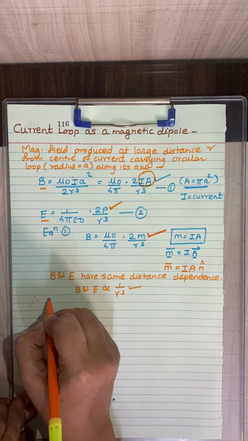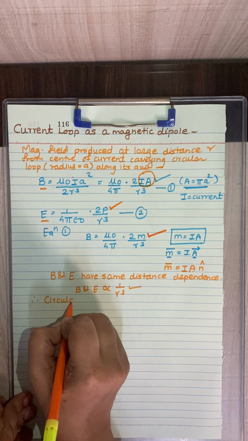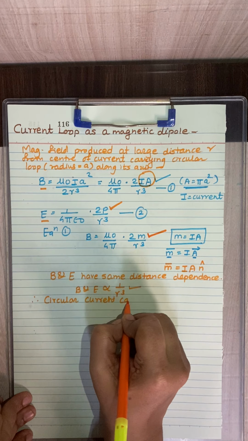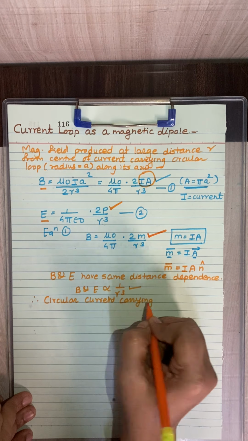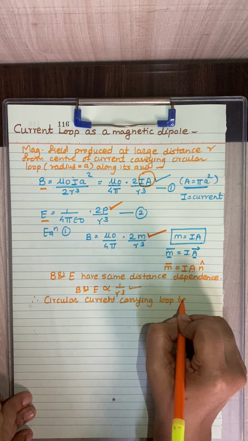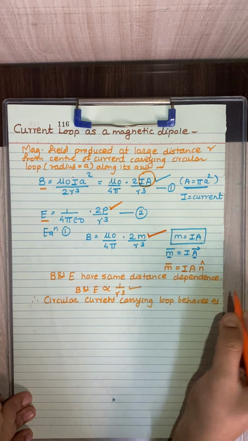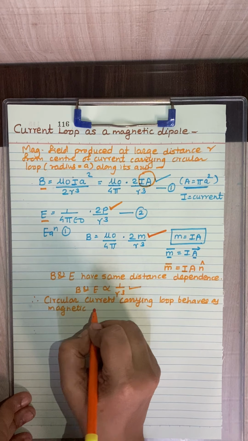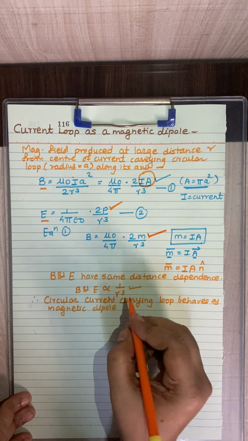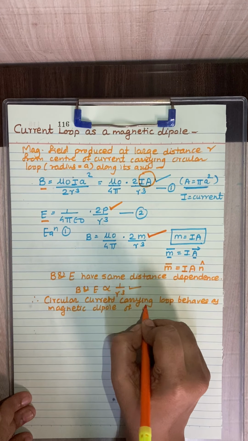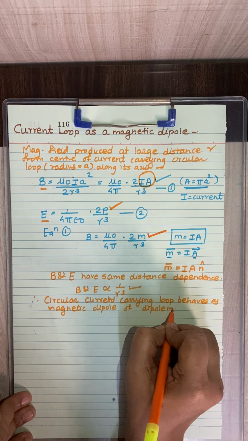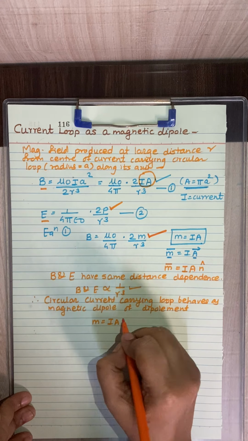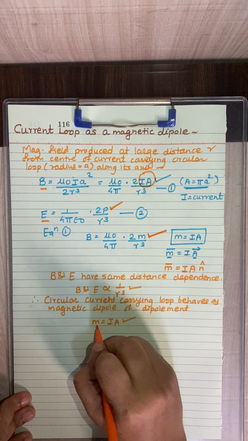Okay, so I can say that here the circular current carrying loop behaves as a magnetic dipole of dipole moment that is equal to m is equal to IA, and we have found out m is equal to IA.